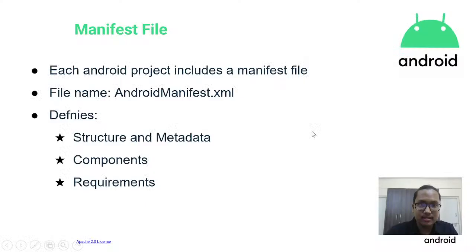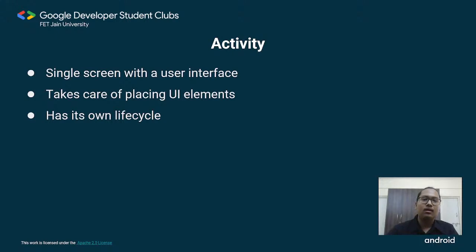All right, where's my slide? Now the second thing that we need to understand is activity, right? An activity is a single screen that has a user interface in it. Whenever you open an app and the first screen that pops up, that screen is your activity. Activity holds your user widgets, your text widget or your image view, everything.